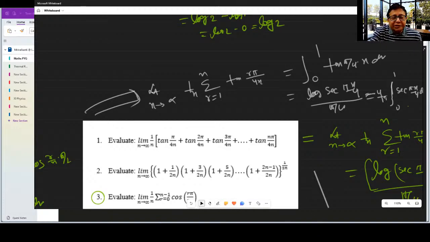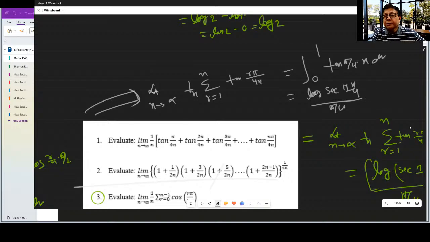Sec pi x by 4 first integration. Write it. Sec pi x by 4. Just a minute. This part is not required.